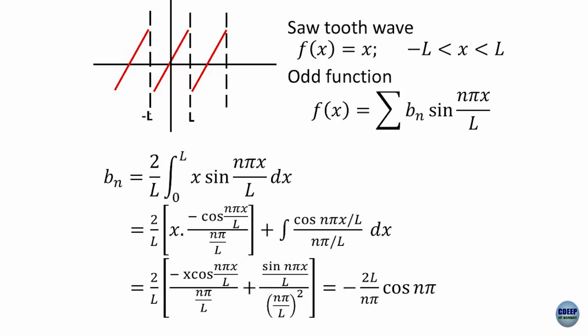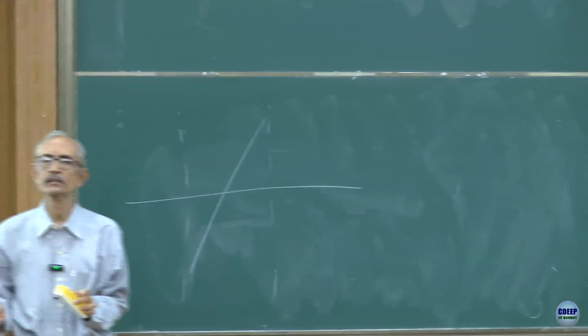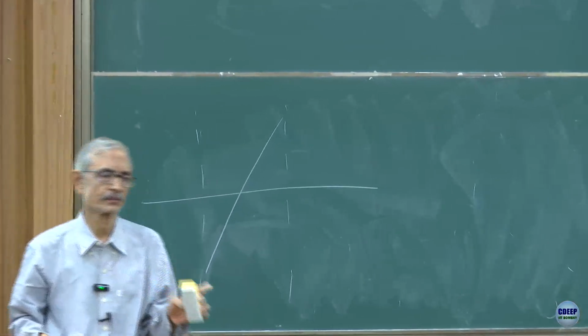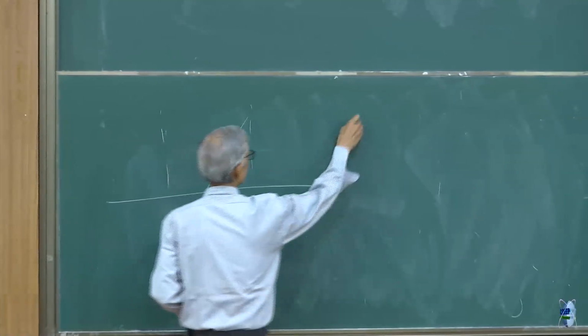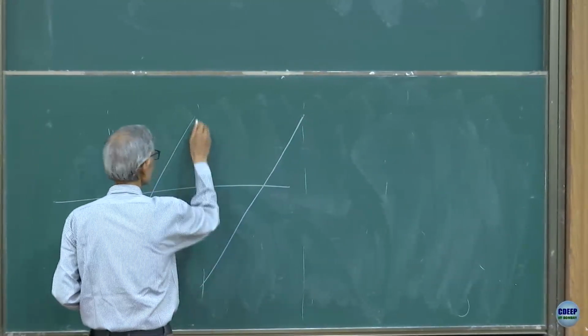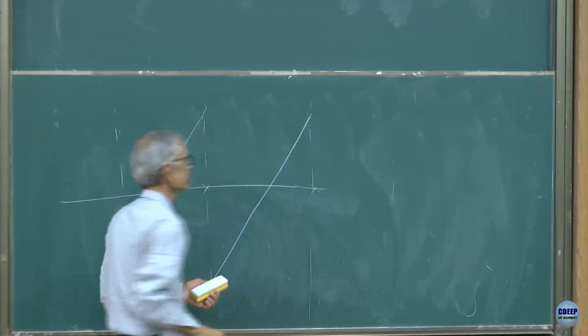Again, all these are discontinuous functions. If you have got a continuous function, there is no problem. Even with a discontinuous function, this is a piecewise continuous function, right? Because there is a discontinuity here. So at this point there is a discontinuity, at this point there is a discontinuity.